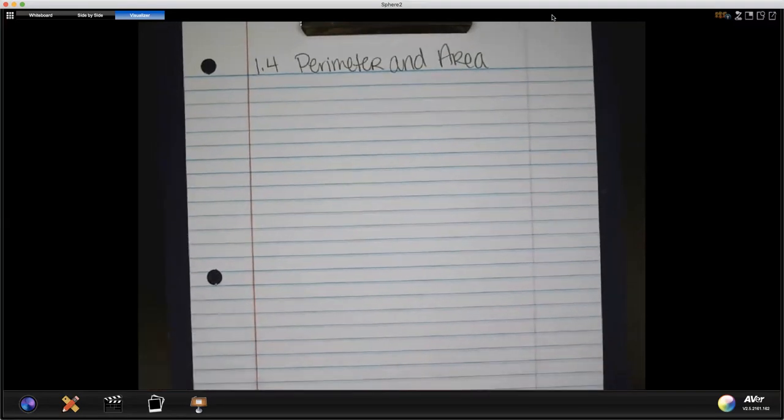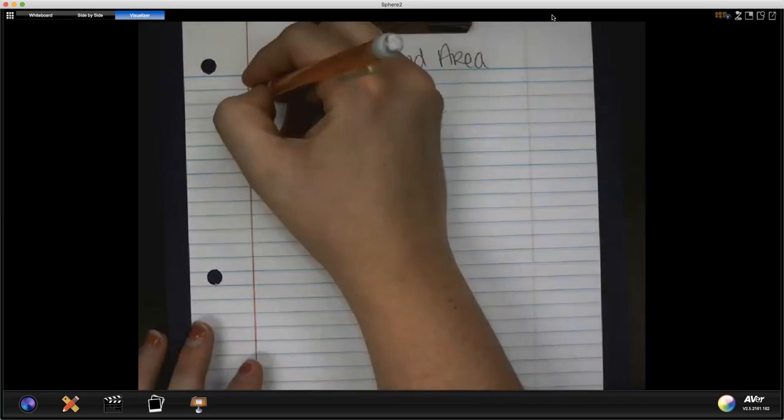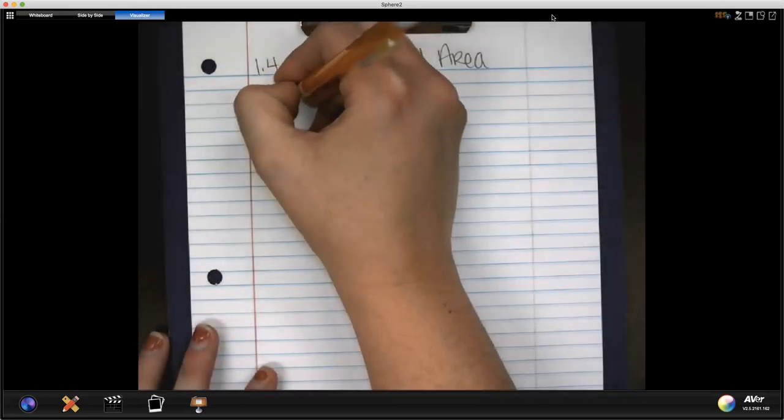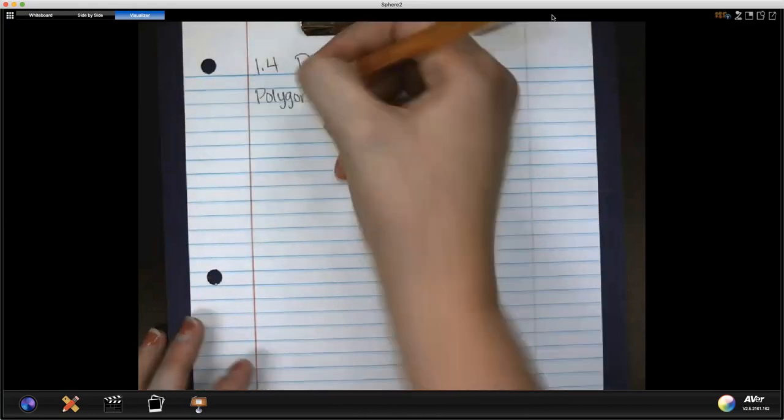So first, before we talk about perimeter and area, we're going to talk about polygons. Now, you may recognize some of the information from today, may not, and that's okay.